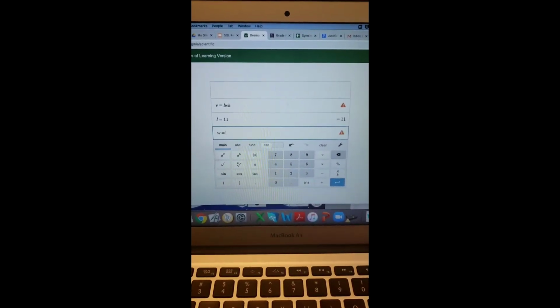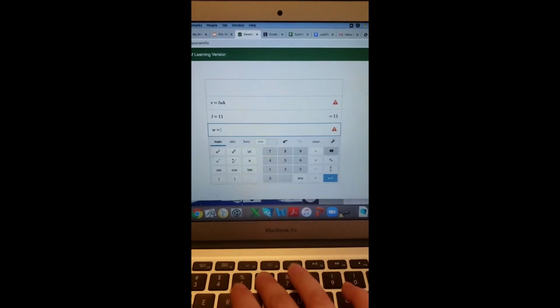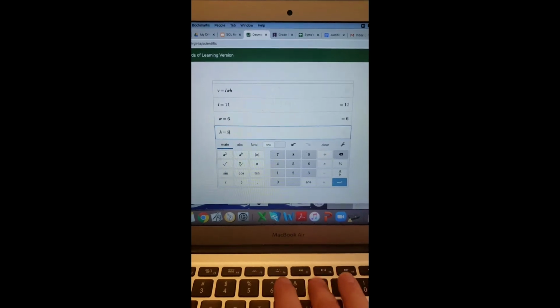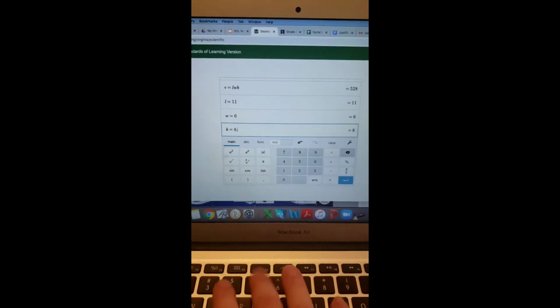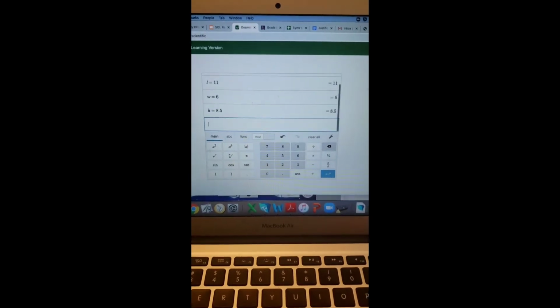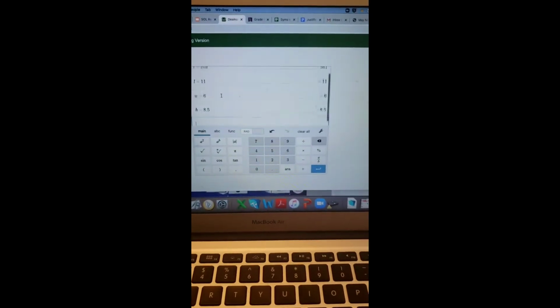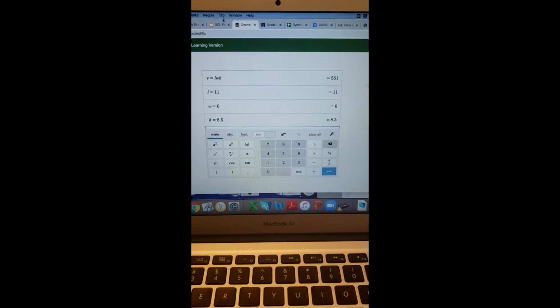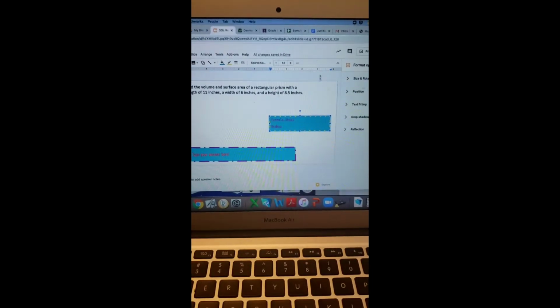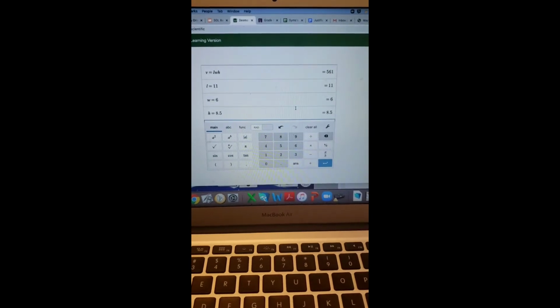Width equals 6. Height equals 8.5. And immediately it changes to 561. So I would go back here. I would type V equals, make sure you put V so I know it's volume, 561 inches cubed, of course.